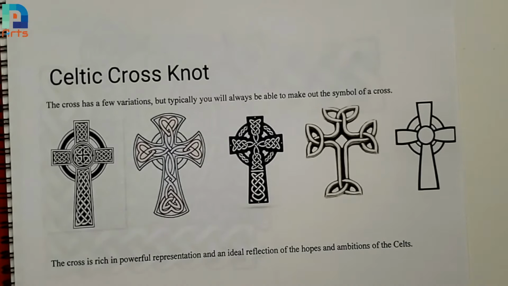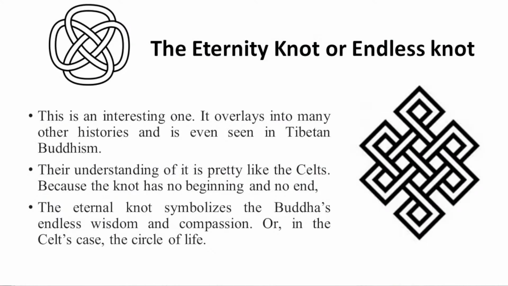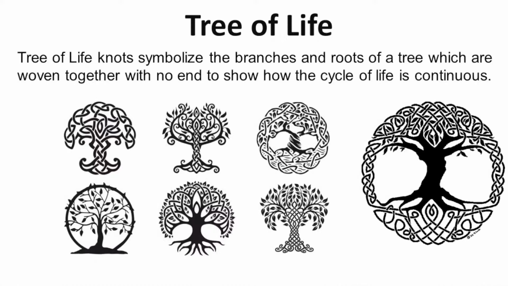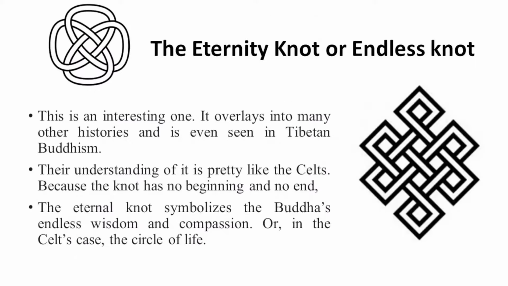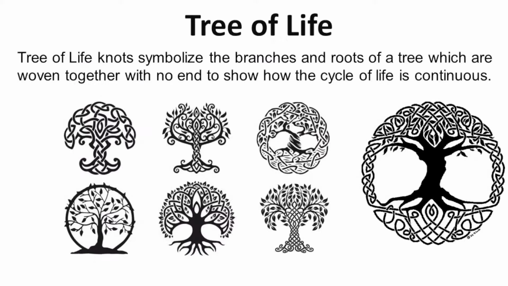So I can just show you a few of them. This one is the endless or the eternity knot. This one is the tree of life, which we used a lot of times. And there are a few others, let me show you.